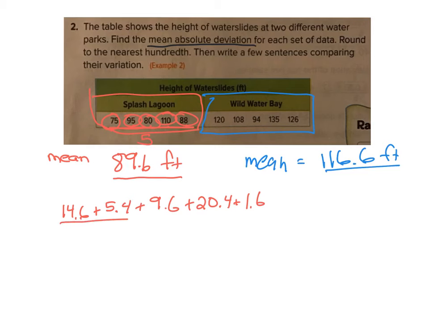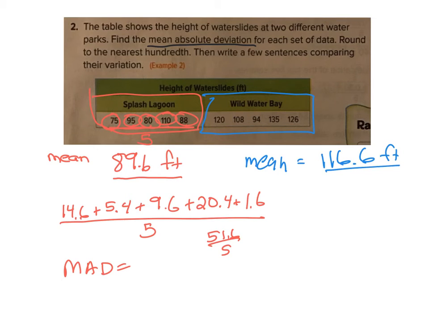Okay, now we add all those together and divide by the number of them, which is 5, and that will give us our MAD. So 14.6 plus 5.4 plus 9.6 plus 20.4 plus 1.6 equals 51.6 divided by 5.